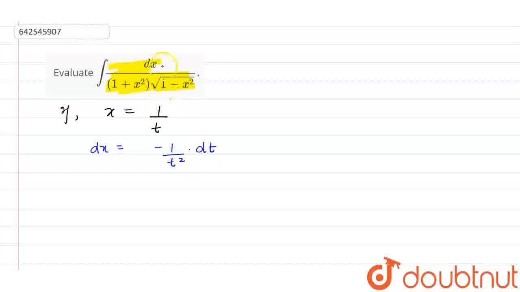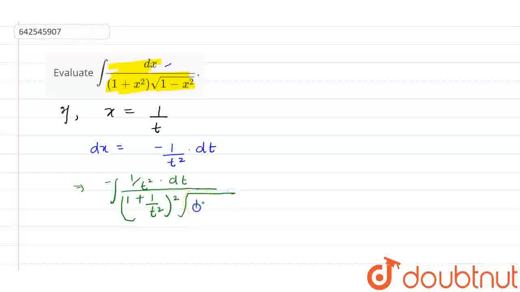Now by putting the value of dx and taking x is equal to 1 by t, we get minus 1 upon t square into dt upon (1 plus 1 upon t square) root of (1 minus 1 upon t square).